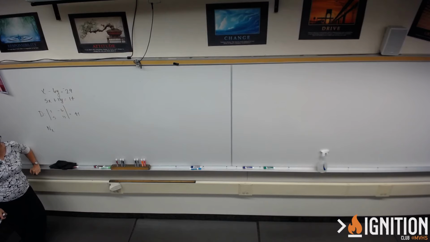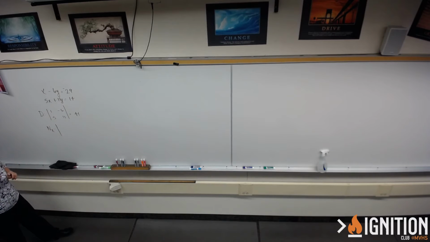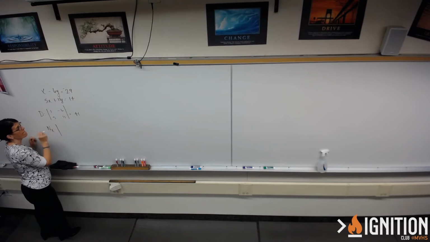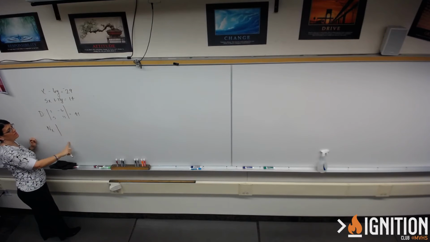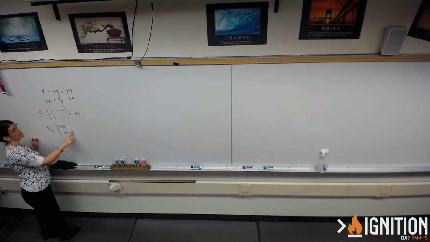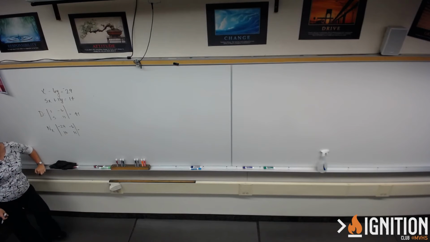What's the setup for the numerator of x? So what's the first column? Negative 29, 14, and what's the second column? 6. All right, well, I don't know what that is, so you can tell me. I don't need a calculator or my brain. I have 21 of you.